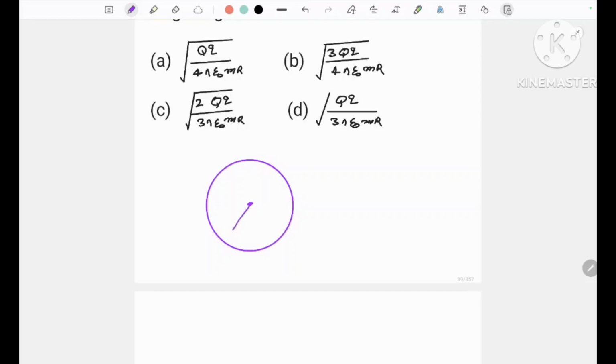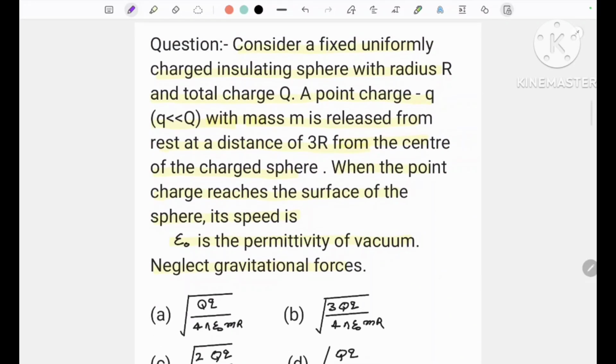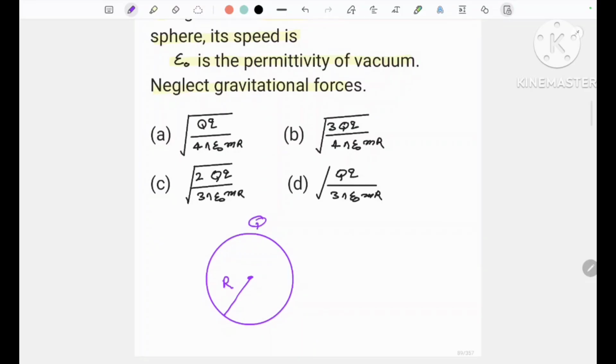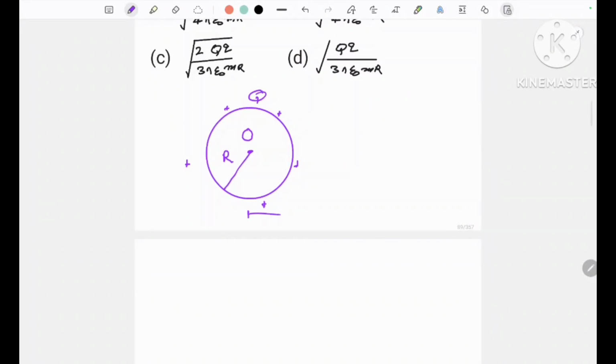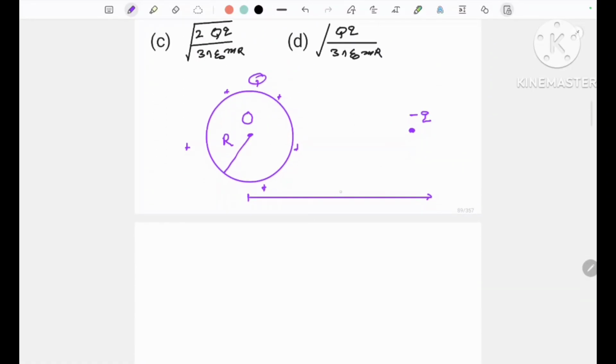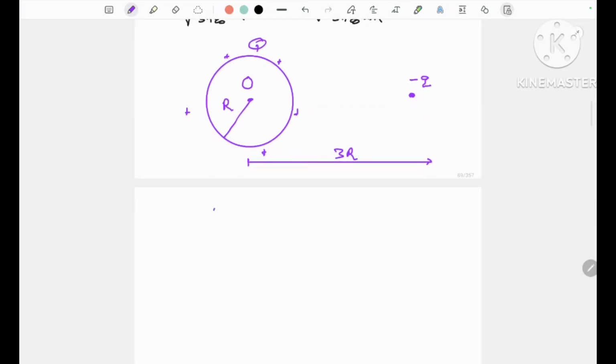एक charged sphere, इसकी radius is r. इस पर जो total charge है that is q. जो स्फीयर का चार्ज इज एज्यूम्ड टू बी कंसंट्रेटेड एट सेंटर. सेंटर से 3r डिस्टेंस पर माइनस क्यू चार्ज, this is 3r। तो इस कंडीशन में टोटल एनर्जी E1 will be potential energy U1 plus kinetic energy.